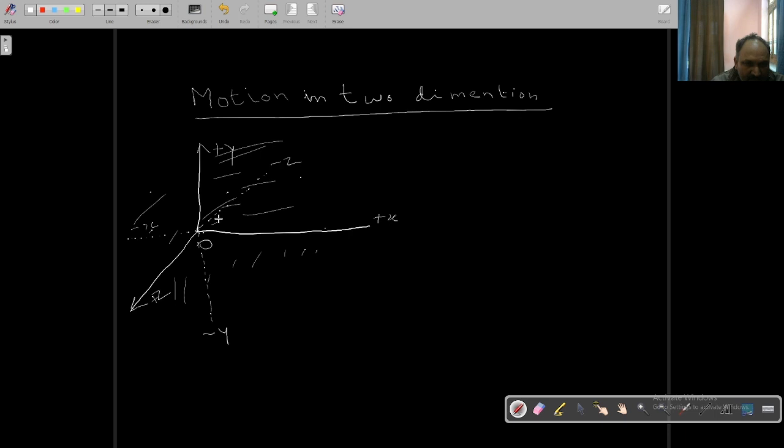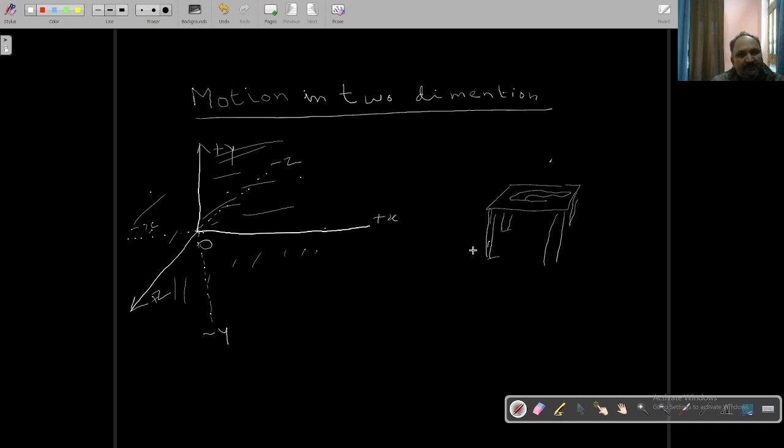Suppose a particle is kept on a table. The particle will continue to move in this table plane only. It will nowhere lift up.